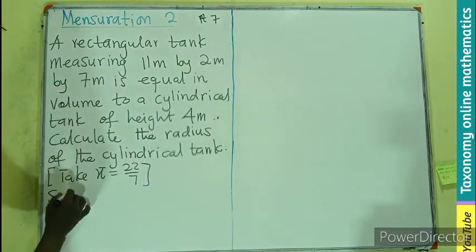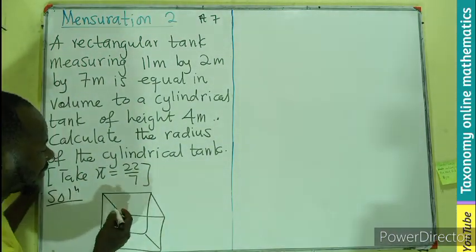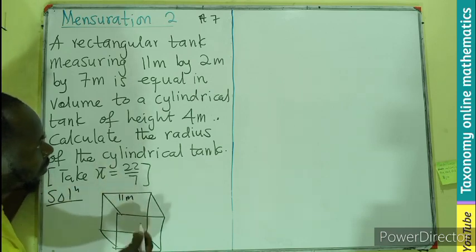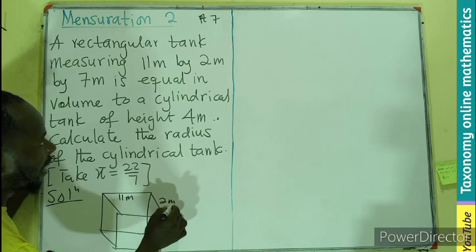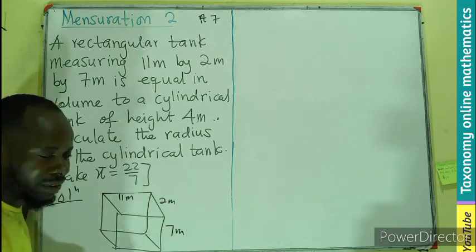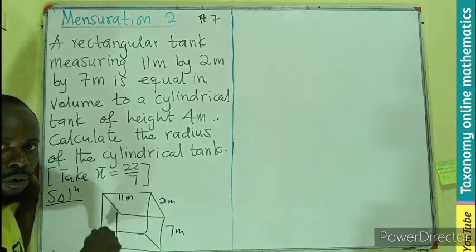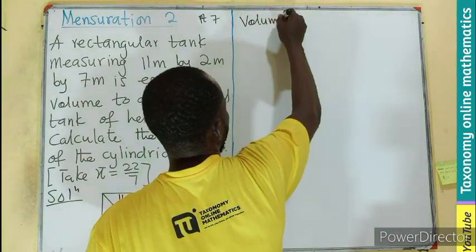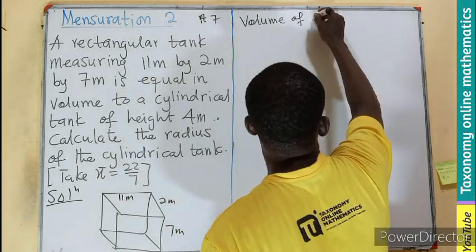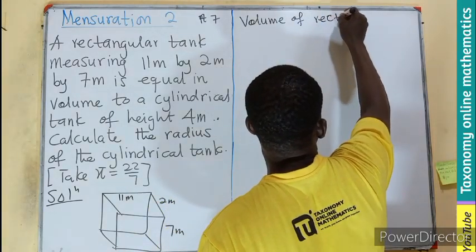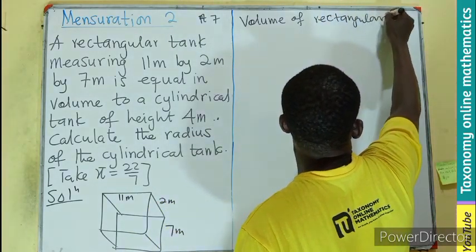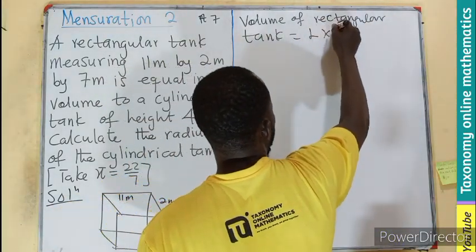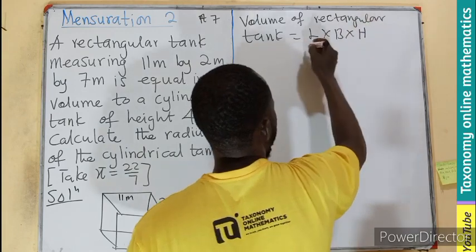So let's see. If I have the length, we can have 11 meters. We have 2 meters here. We have 7 meters. So in order to find the volume of this rectangular tank, it is the length times the breadth times the height.